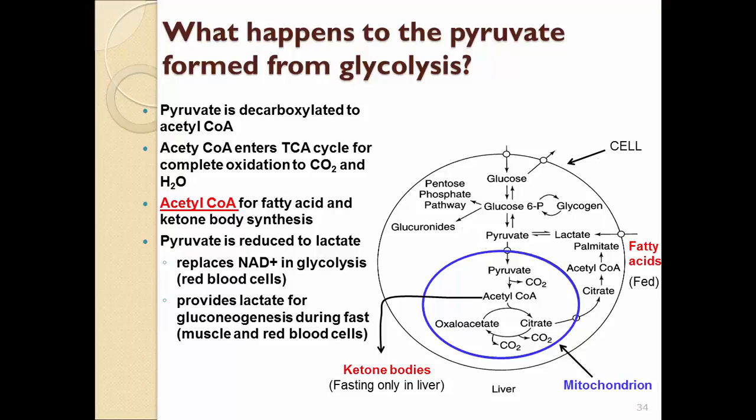And again in the liver, the acetyl-CoA derived from pyruvate can also be utilized for the synthesis of ketone bodies, and this ketone body synthesis occurs in the fasting condition.